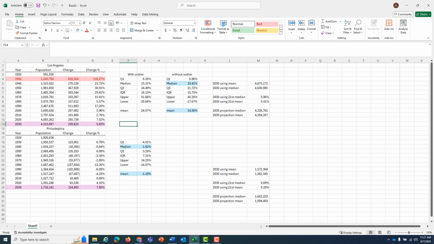Philly has been pretty stable throughout this whole time, and there's a lot of negative numbers in there. Philly's population now is lower than it was 100 years ago. So why are they projecting that this is going to go up? Well, maybe those two are linked. Maybe they are projecting that there's going to be a greater increase in Philadelphia's population simply because all of the nice weather cities like Phoenix and Austin and Los Angeles and San Diego are getting harder and harder to move to.